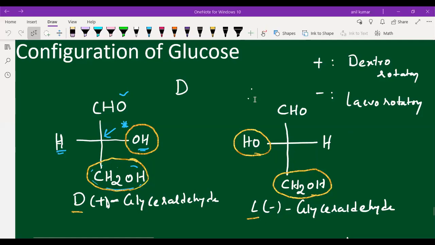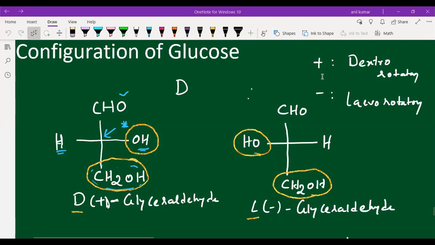There is one specific term, students. Can you say what D plus glyceraldehyde and L minus glyceraldehyde are? Both are isomers, because both have the same molecular formula: three carbons, and hydrogens 1, 2, 3, 4, 5, 6. Both have six.